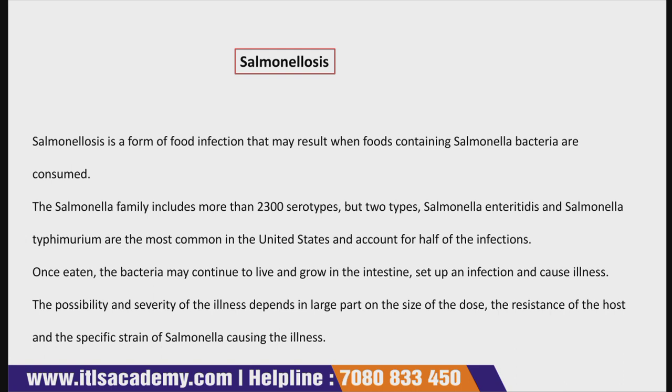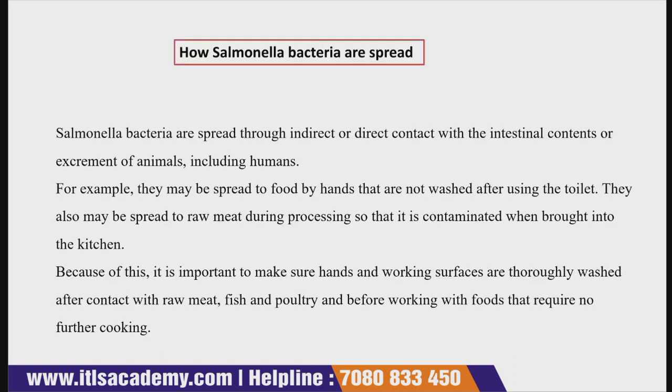If you consume only one bite of contaminated food, maybe the symptoms are not as severe as when you consume a large amount of food containing Salmonella. So the severity of illness depends in large part on the size of the dose, and the resistance of the host and specific strain of Salmonella also affect the illness.